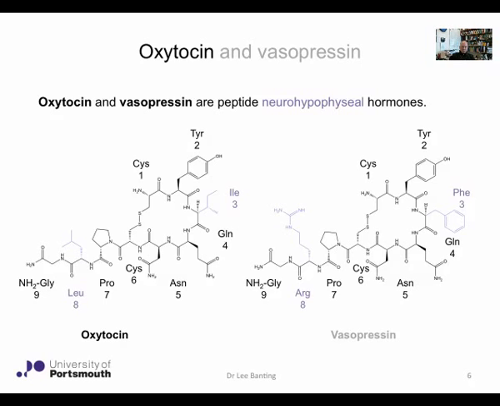Interestingly, it's terminated in an amide, and the glutamine, the asparagine, and the glycinamide residues confer a fairly neutral structure to the molecule, not highly charged, whereas in vasopressin we have the arginine, which would obviously confer a distinct positive charge on the hormone.